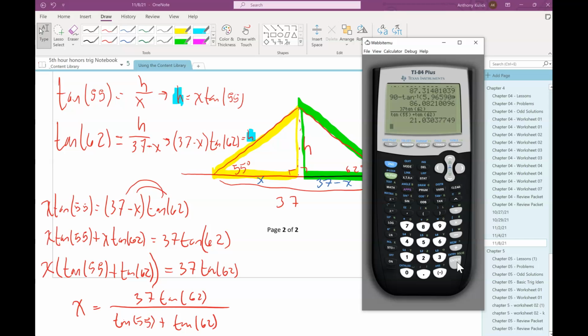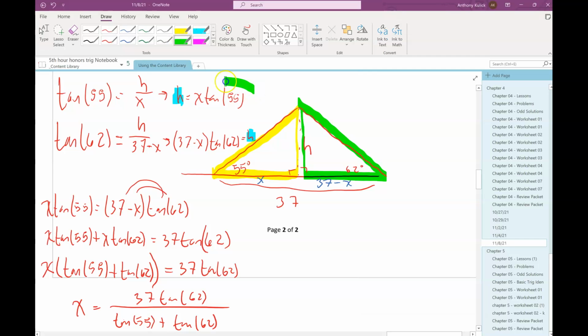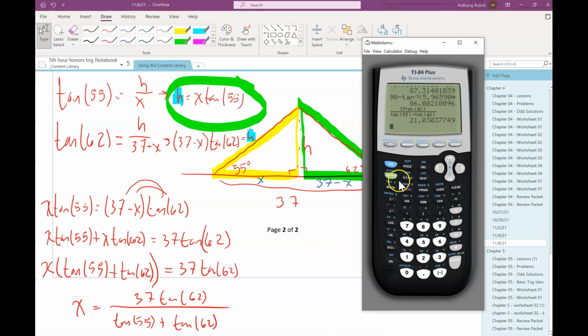So that's my answer for x. But I don't want x, I want h. So I'm going to use that equation to solve for h. So I can just multiply that value of x by tan 55. So my h should be about 30.0 feet.